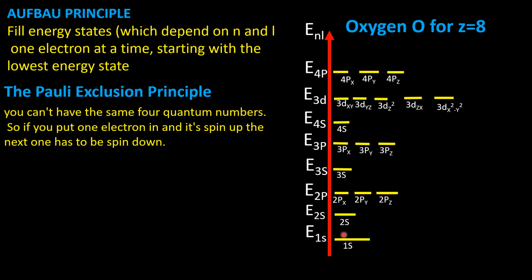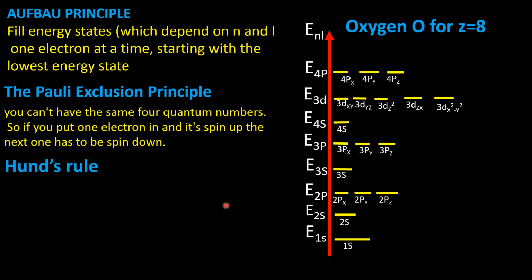If we fill one electron in the 1s orbital, then the next electron must have the opposite spin. So we cannot fill all electrons in a state with the same quantum numbers. All electrons should have different sets of 4 quantum numbers.